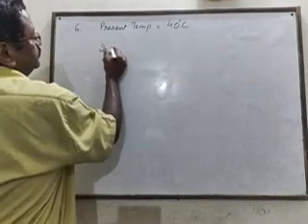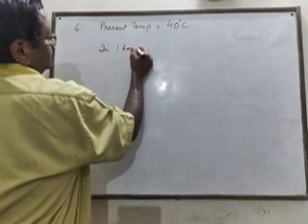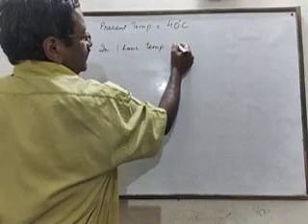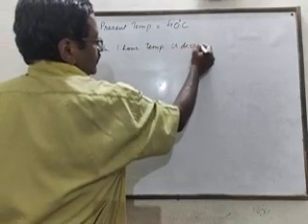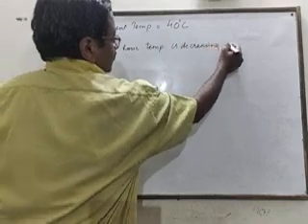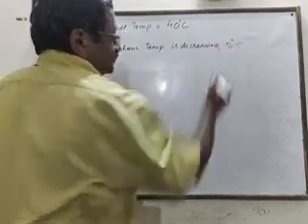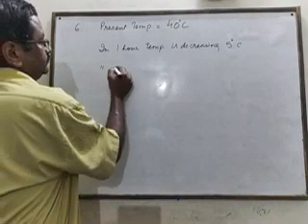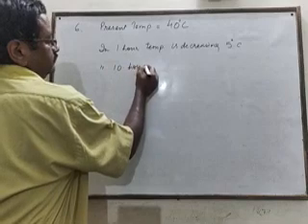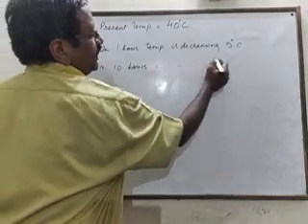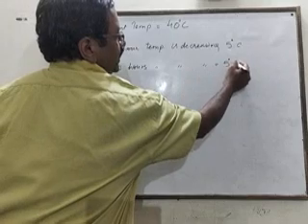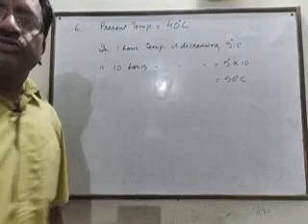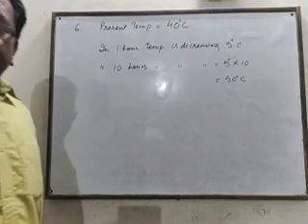So in 1 hour, temperature is decreasing 5 degrees Celsius. So naturally in 10 hours, temperature will decrease 5 degrees multiply 10, 50 degrees Celsius. So 50 degrees Celsius the temperature will be decreased.